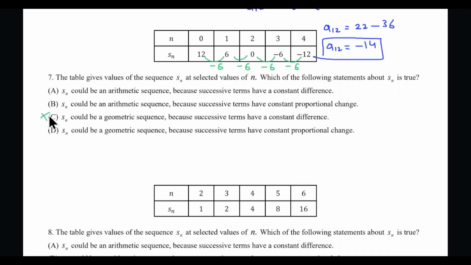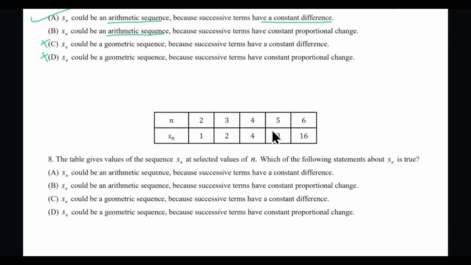So for sure, it is not geometric, it is arithmetic because the difference is the same. Because successive terms have a constant difference, and that's what we want.